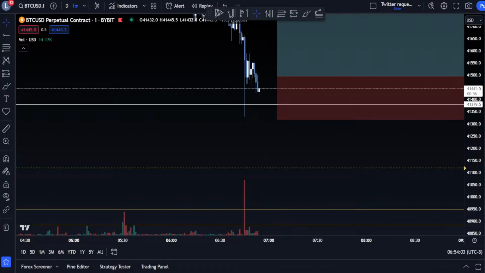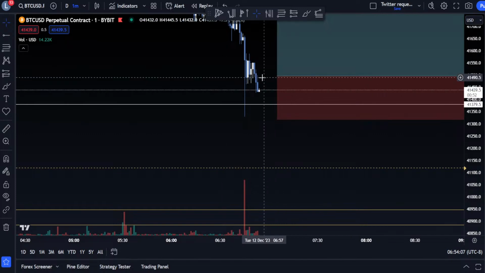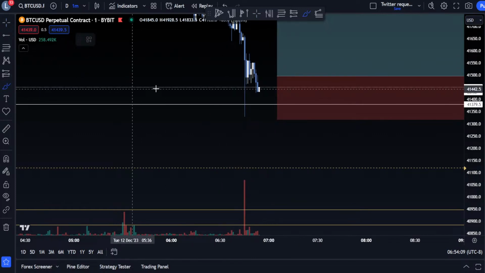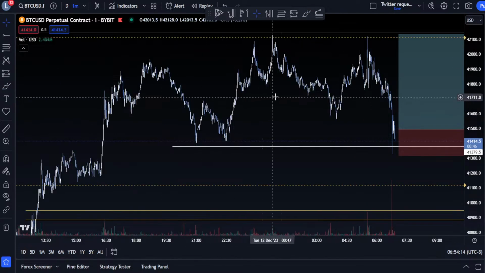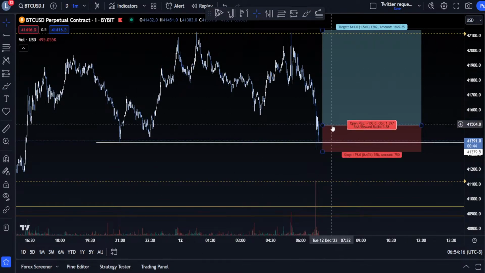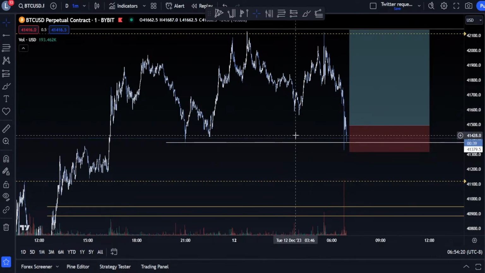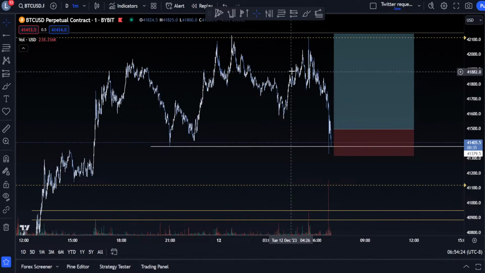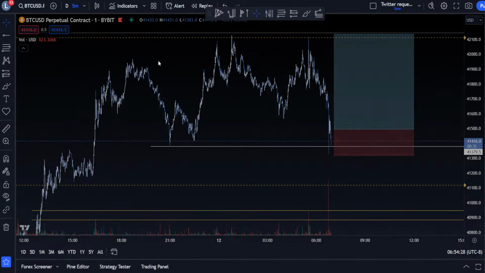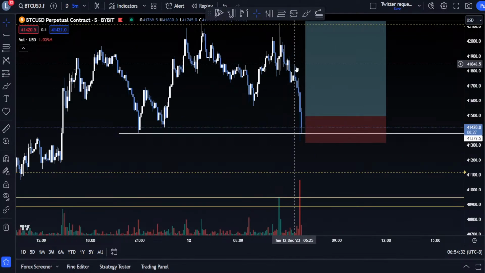Still willing to be patient here. Waiting to see if we just run the lows again. There's the retest potentially. I'm on the 1 minute time frame here, but price is grinding down.